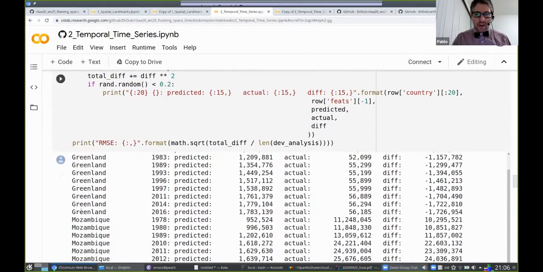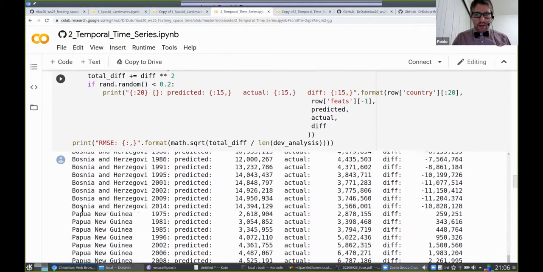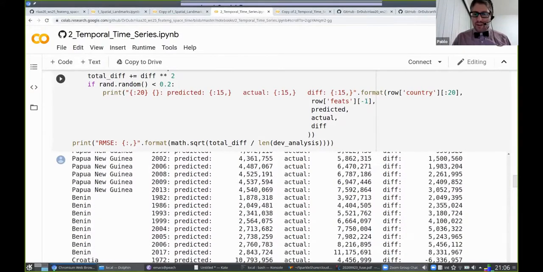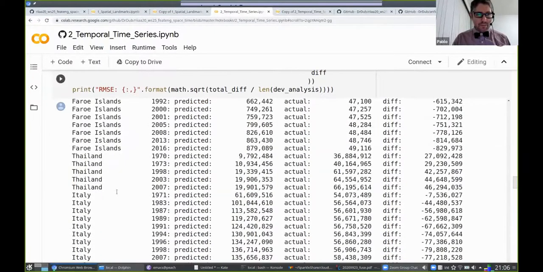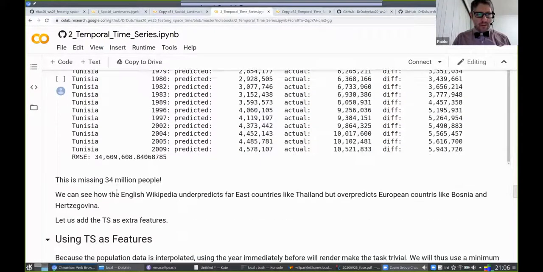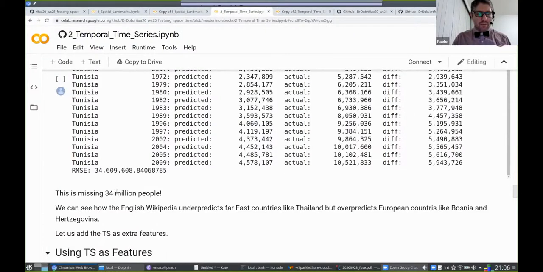If we do some more analysis, we see the predictions, yes, this is what it predicted, this is the difference, and this is missing 4 million people. Yes, so the system is still quite far.